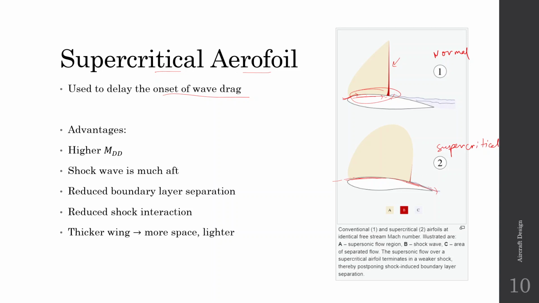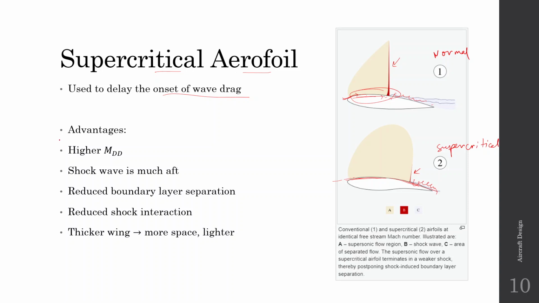But in a supercritical aerofoil, there is a weak shock. You can see over here that the shock is much smaller compared to this one, and it is also towards the trailing edge. When the shock is towards the trailing edge, you experience less drag because the turbulent flow has less contact with the aerofoil.